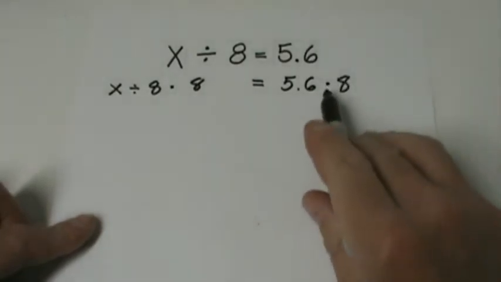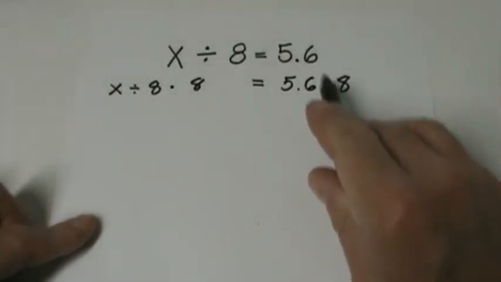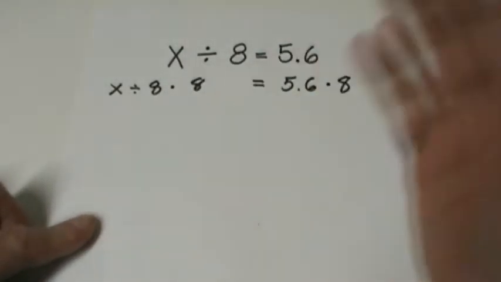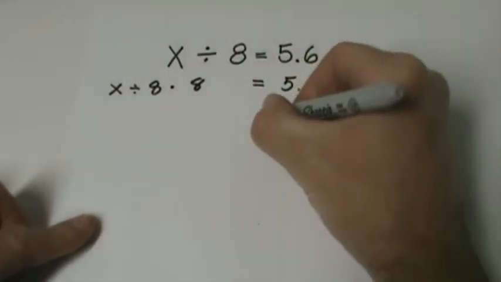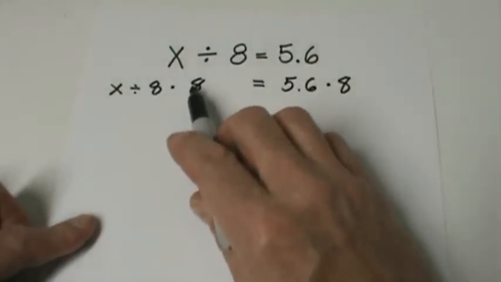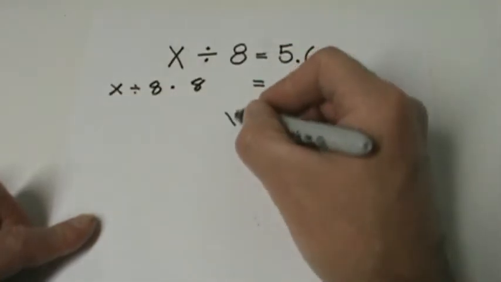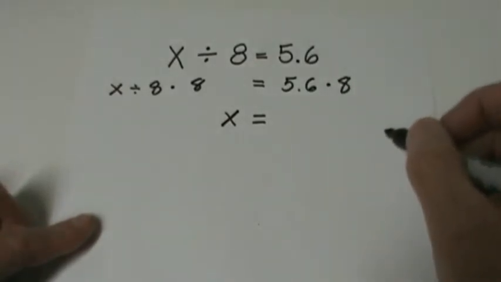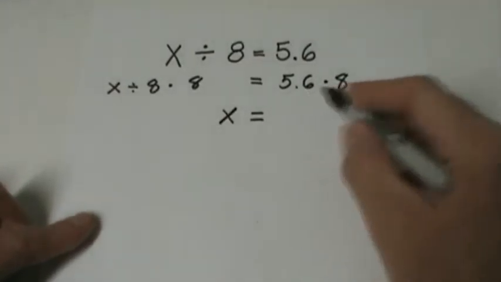Now notice how I put a dot there instead of an x, because we're using x as a variable. I could have moved those closer, but anyways. So now we know that dividing by 8 will be canceled by multiplying by 8. That leaves us with x by itself over here, and now we just have to multiply over here.